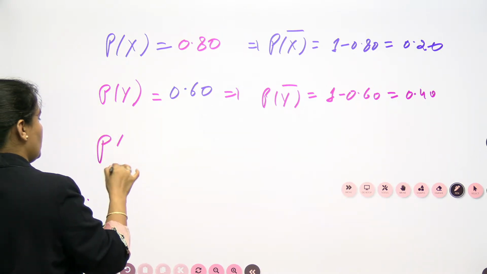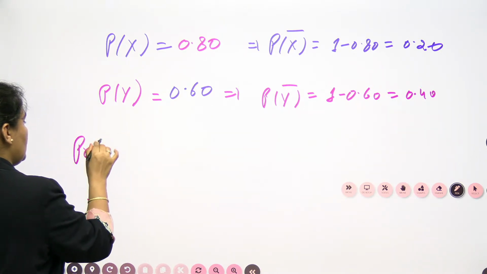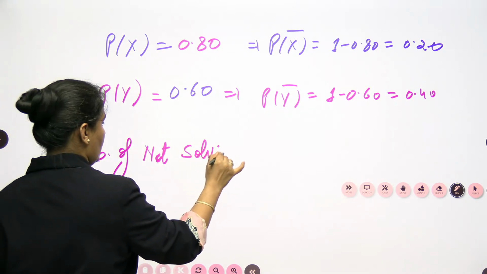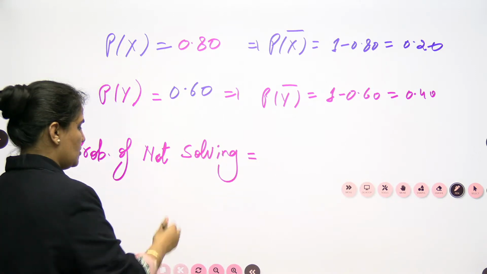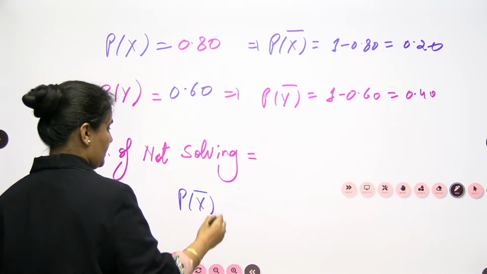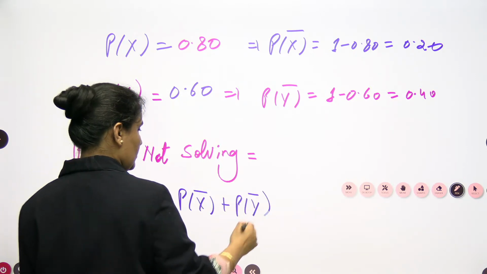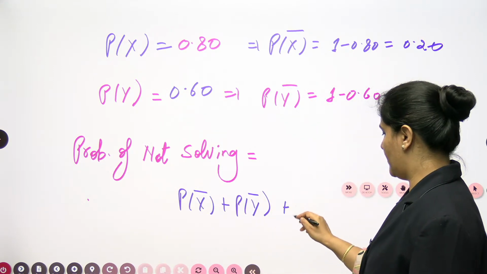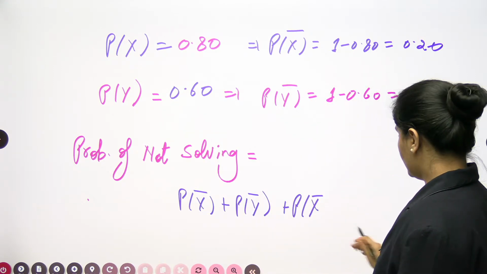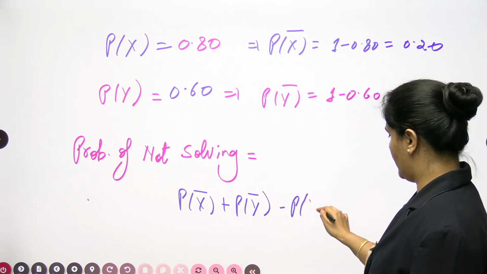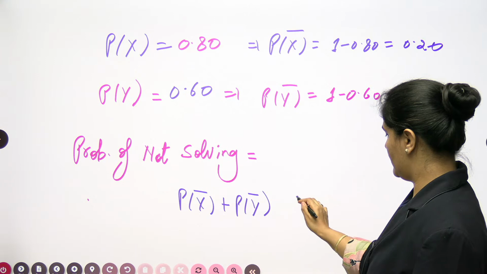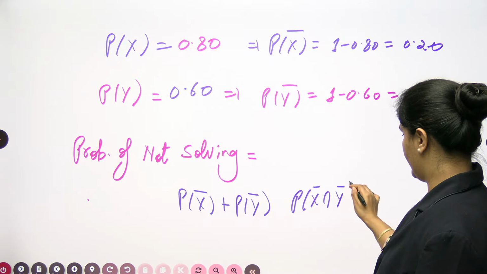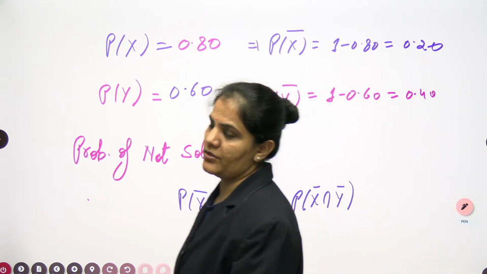I want to find the probability of not solving the question: it will not be solved by X, or not by Y, and it will not be solved by both of them. So I can write the probability of X bar intersection Y bar.